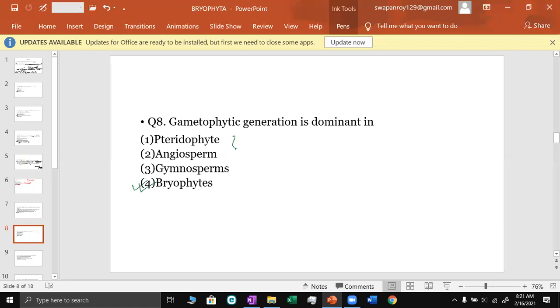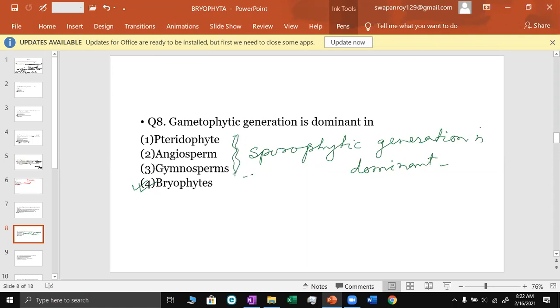In all these other groups, sporophytic generation is dominant. The main plant body in these groups is sporophyte, diploid, 2n. In bryophyte, it is haploid.